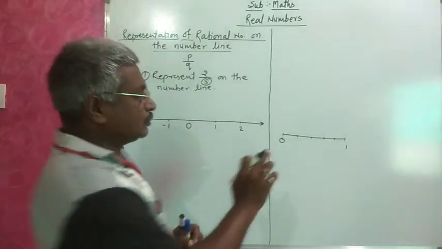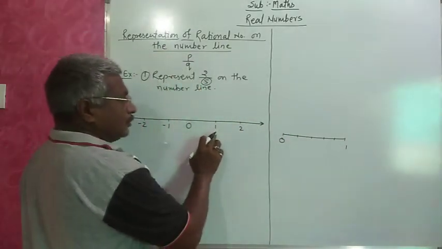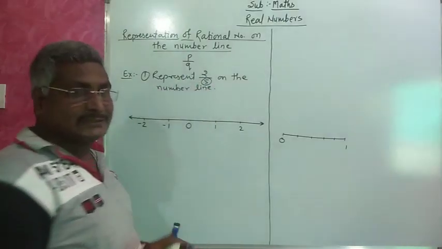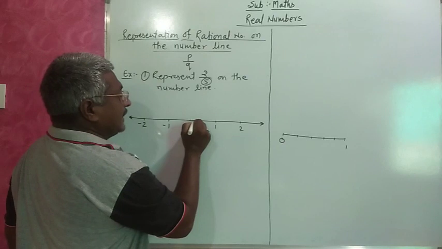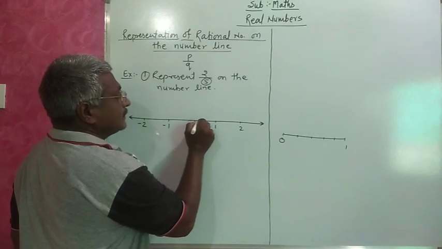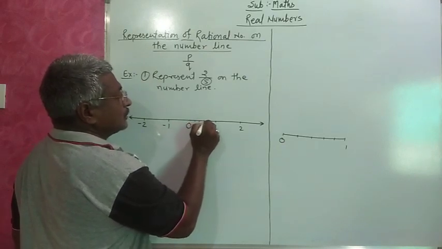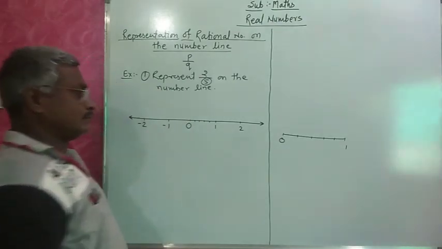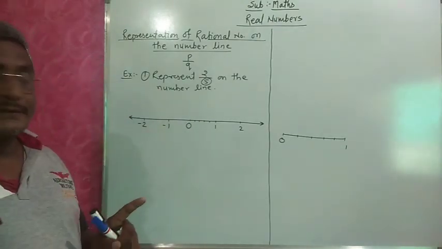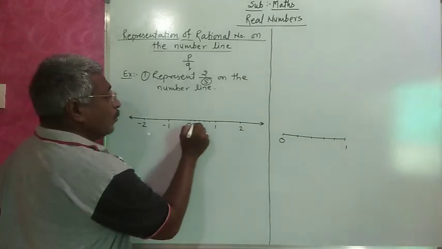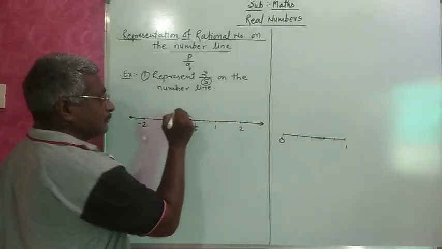Understood, students? Now here also we have to make 5 parts, meaning how many lines? 4 lines at equal distance: 1, 2, 3, 4. Each line represents what? 1 by 5.